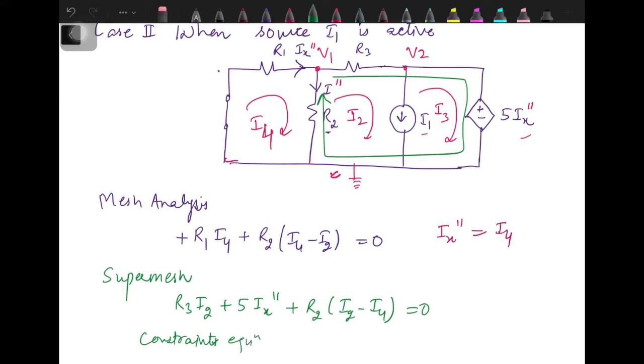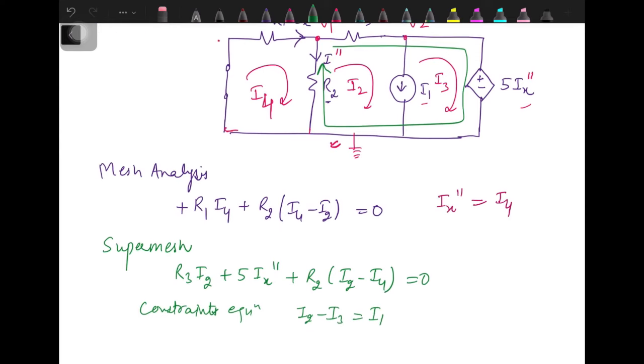The constraint equation will be I2 minus I3 should be equal to I1. So these are the different equations.